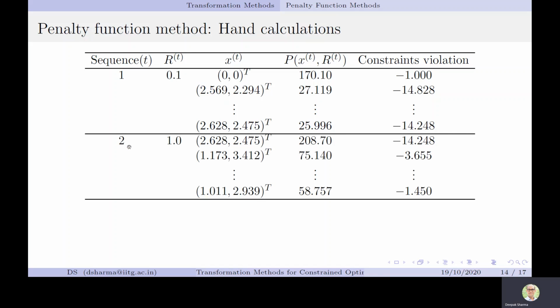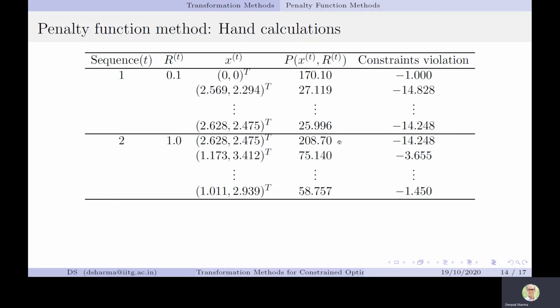Now coming to sequence number 2. What you can see is that we are starting with the previous point, which is (2.628, 2.475). We have not performed any search, only changed the value of R. When we change the value of R, you can see the penalized function value, which we got as 25.996 in sequence 1, will become 208.70.